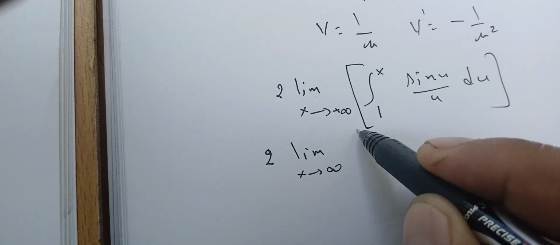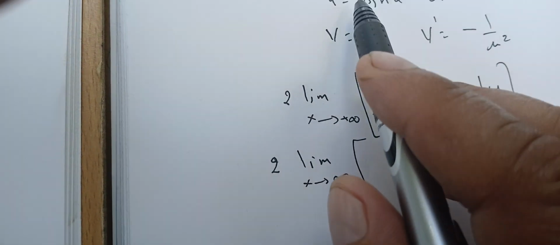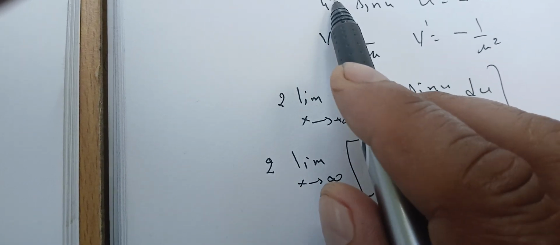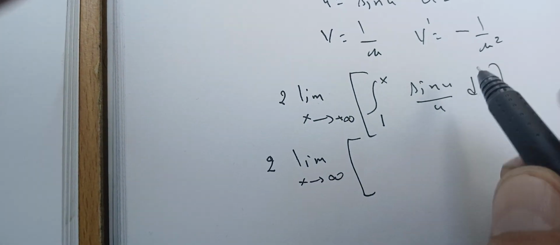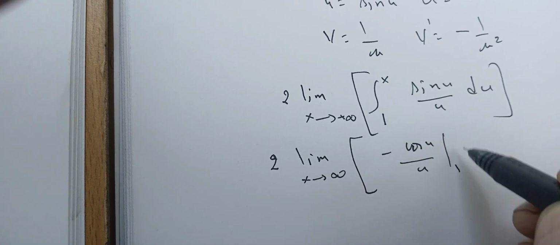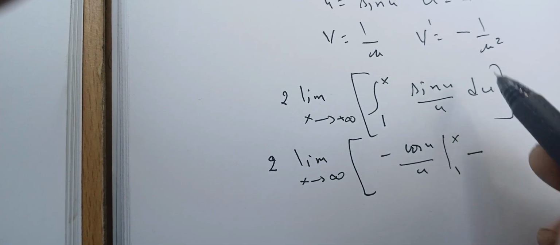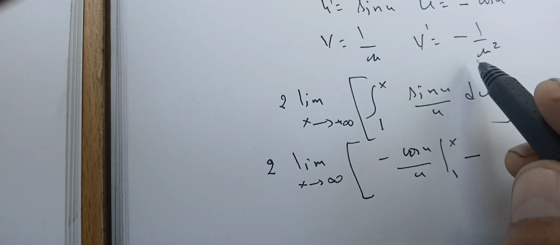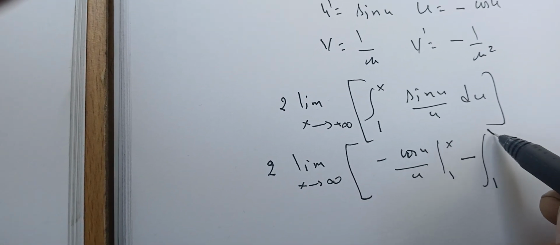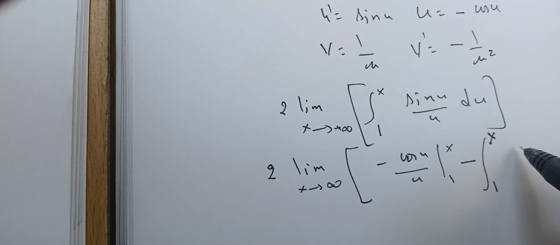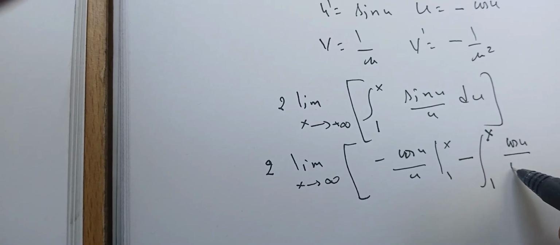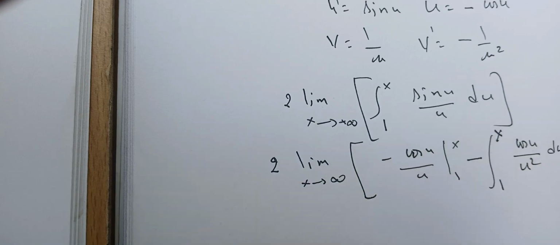So uv is minus cosine of u over u between 1 and x, minus, with three minuses, the integral between 1 and x of cosine of u over u squared du.